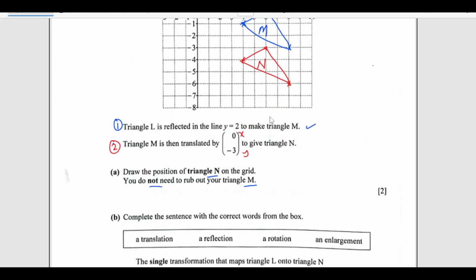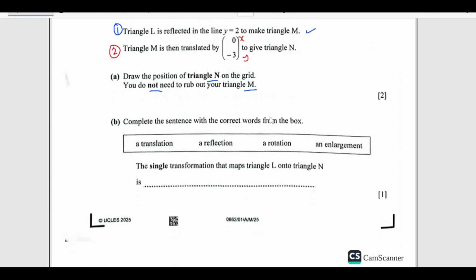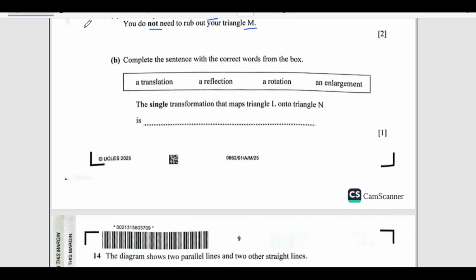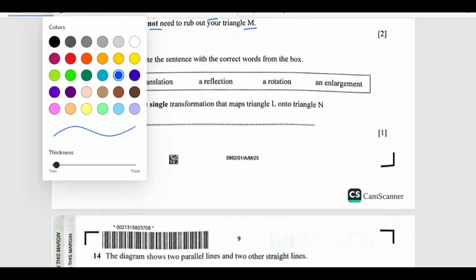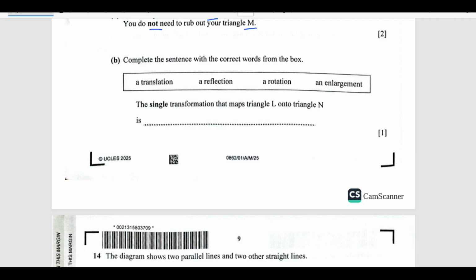So, there are 2 steps in this 2 mark question. Now, complete the sentence with the correct words from the box: translation, reflection, rotation, enlargement.